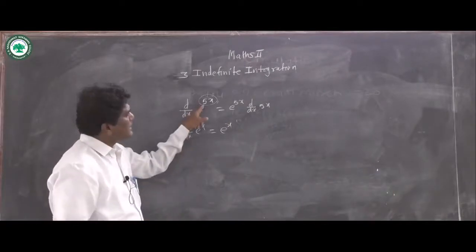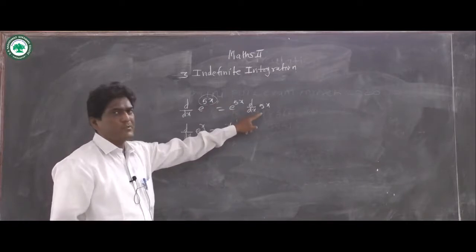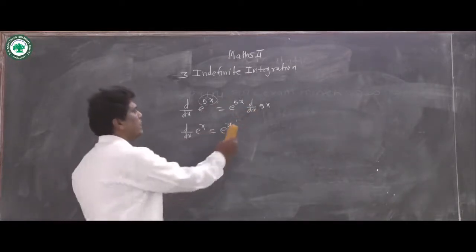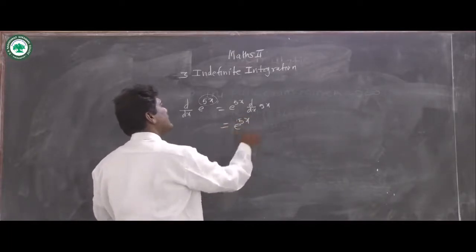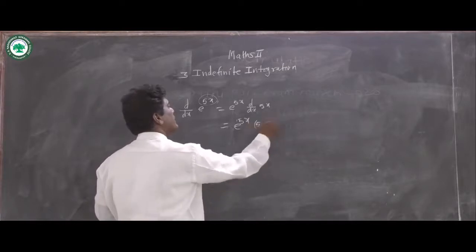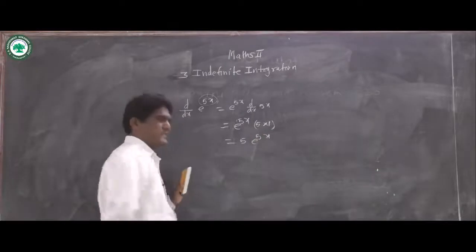But instead of x there is a 5x, so we multiply by the derivative of 5x. And what is the derivative of 5x? It is 5 into derivative of x, which is 1, so it is equal to 5. So 5 into e to the power 5x.